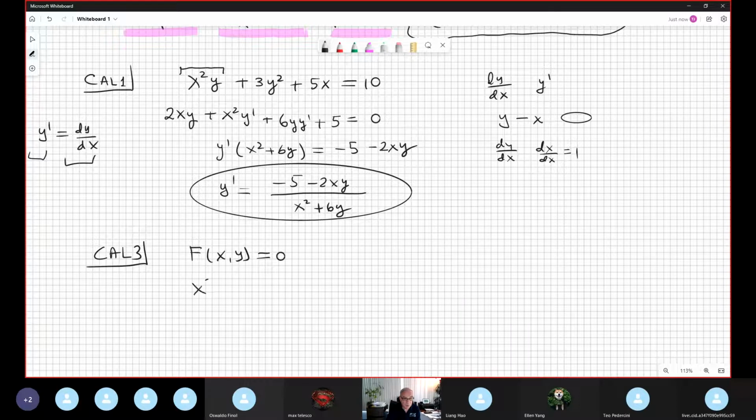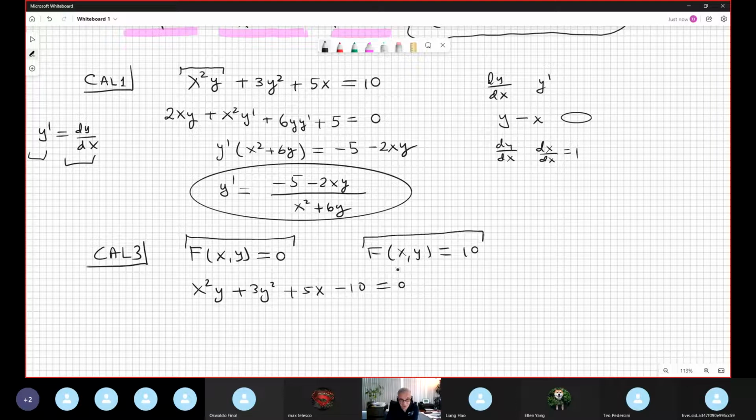Well, the only thing you should do is move 10 to the other side, equal to 0. If you want to express it in that way, it's possible. Or put a constant. In this case, the constant is 10. This is equivalent, guys, because the derivative of a constant is 0, you know? Okay, but it's okay. I respect this idea. I copy, I move 10 to the left. Yeah, okay, I express it in implicit form.